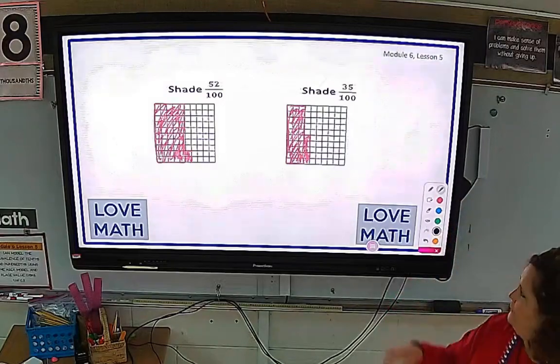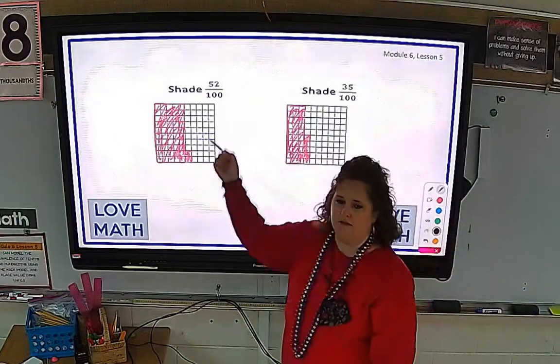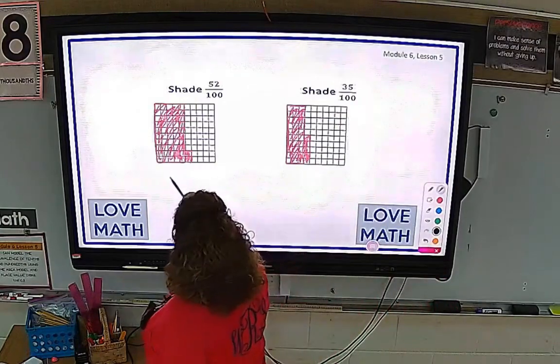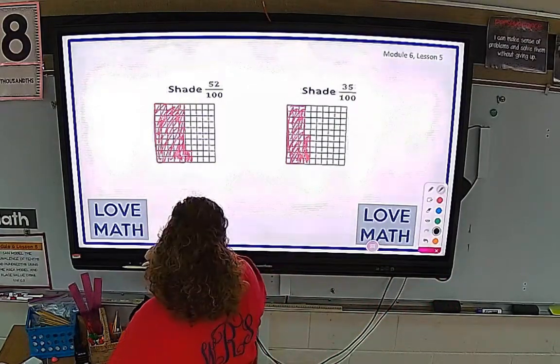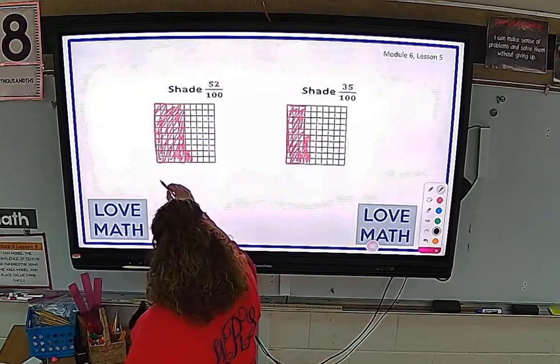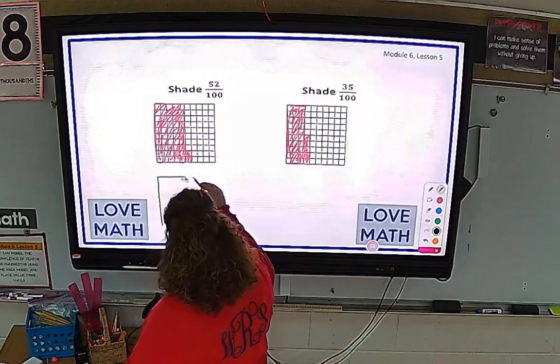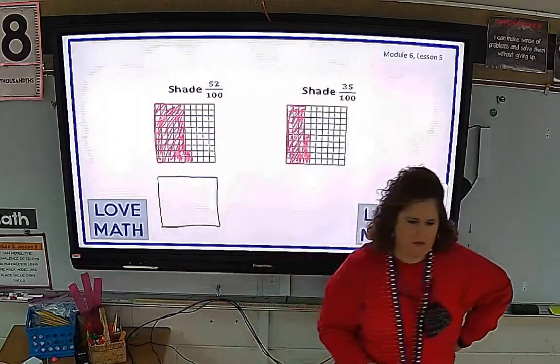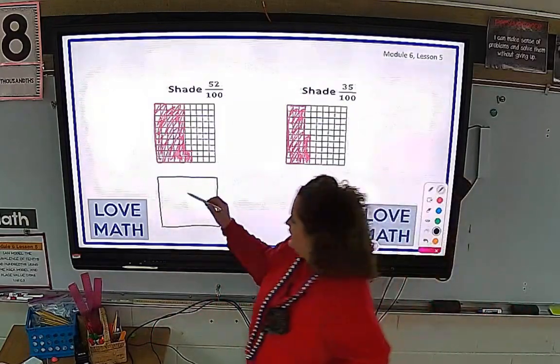For the 52 hundredths, let's see which one would be easier to do. Let's create a box like that, which we're going to cut into tenths.